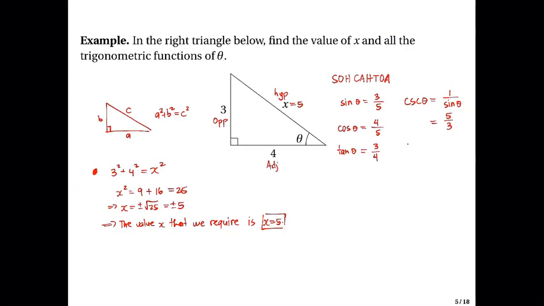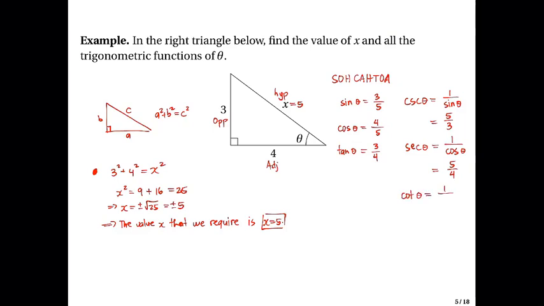For secant theta, this is the reciprocal of cosine theta, so it's 1 over cosine theta. And cosine theta is 4 over 5. Therefore, secant theta is 5 over 4. And finally, you have the cotangent theta.